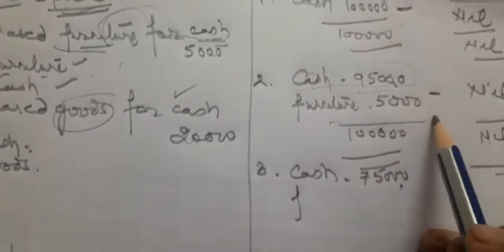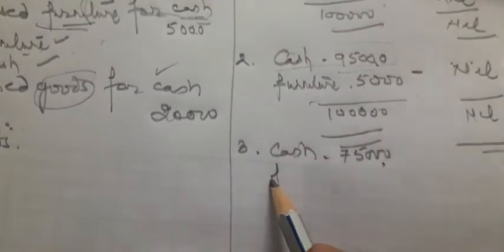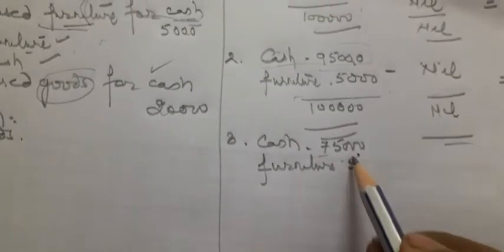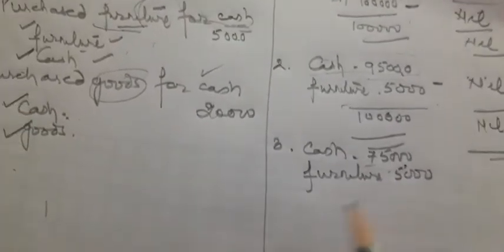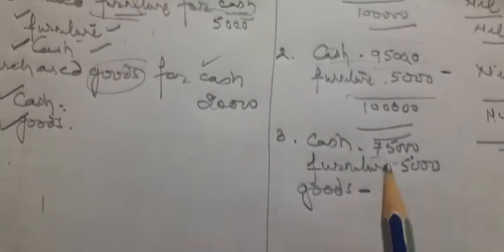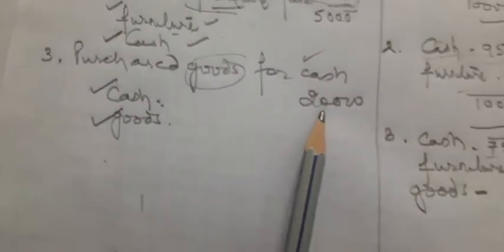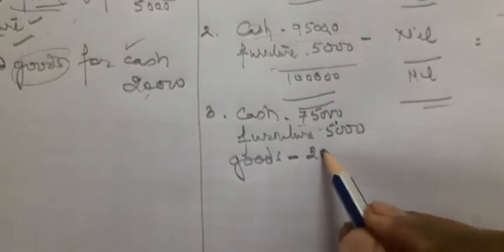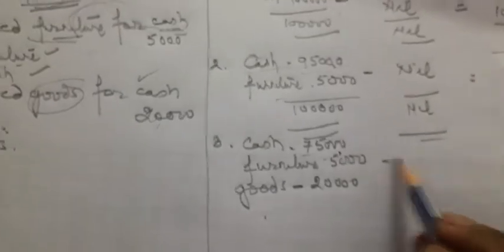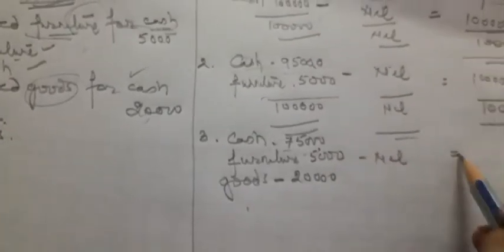We had furniture of 5,000. There is no change in furniture, it will continue as it is, 5,000 rupees. And there will be a new asset named goods. We have just now purchased goods of 20,000, so the new asset is 20,000. No change in liabilities, and no change in the capital.